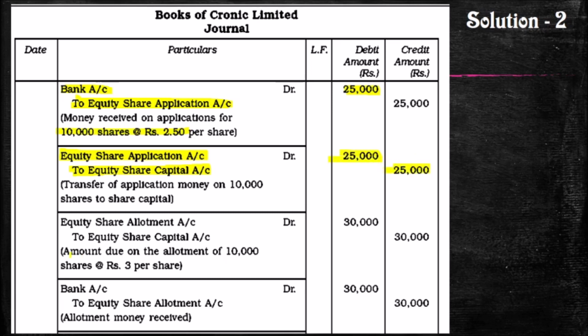And when the shares are allotted to the public, the due entry will be share allotment account debtor to equity share capital, 10,000 into allotment money 3, so 30,000. And when the allotment money is received, bank account debtor to equity share allotment, the amount will be the same, 30,000.